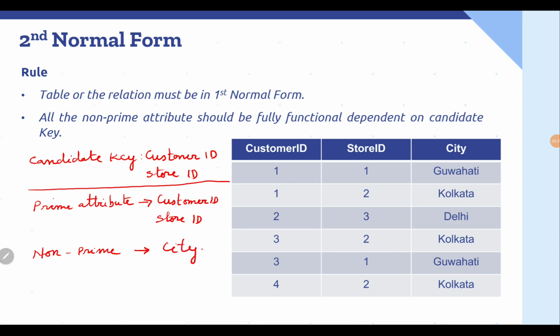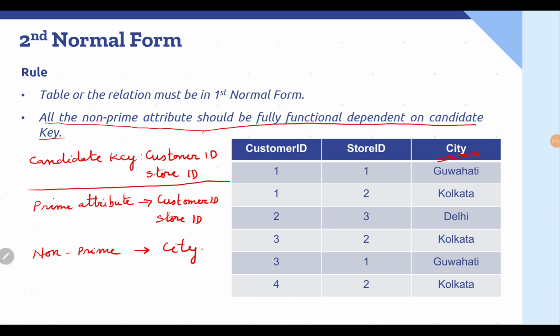Okay, so what this particular statement is saying is that whatever non-prime attribute exists in a particular relation, which is the city here, it should be fully functionally dependent on the candidate key.